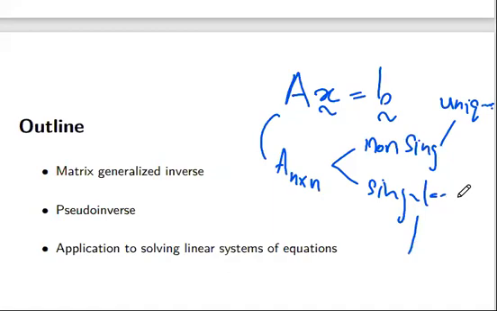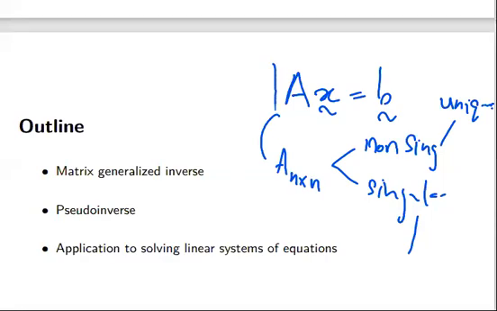If it is singular, let's assume this system is consistent. That is very important.